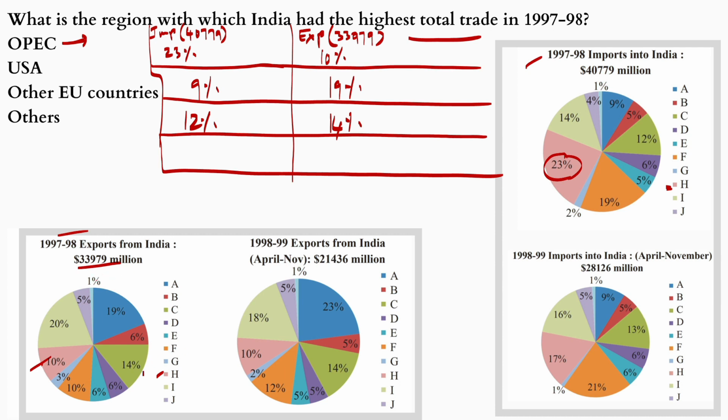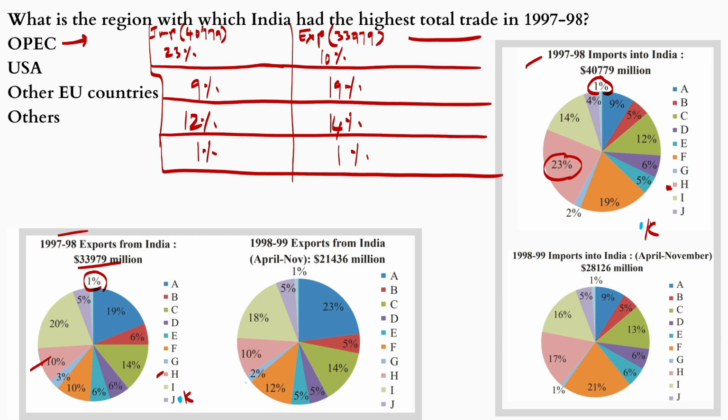Here K is not represented, so K is 1%. This is for exports, and for imports it's also 1%. Here this color represents K. So the export percentage of K is 1%. Now, as we know, the total trade is the sum of imports and exports.